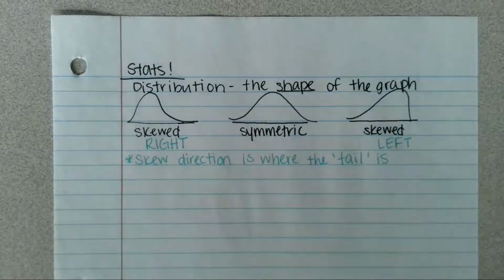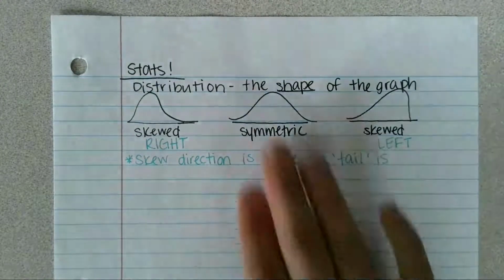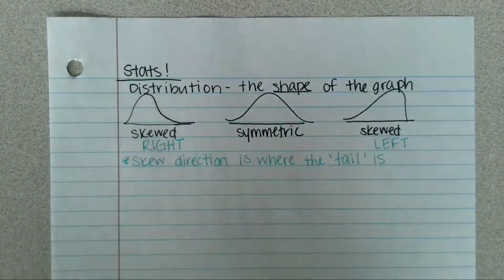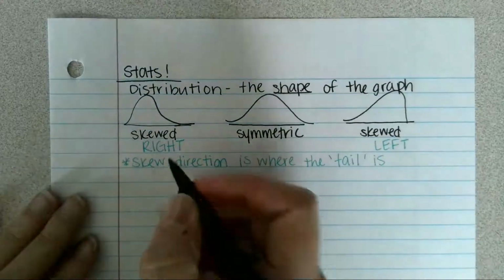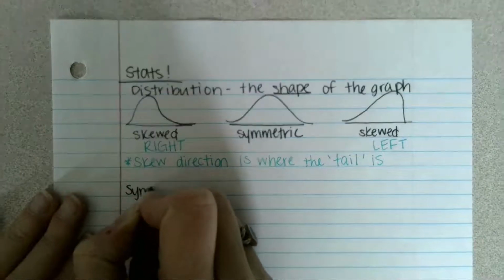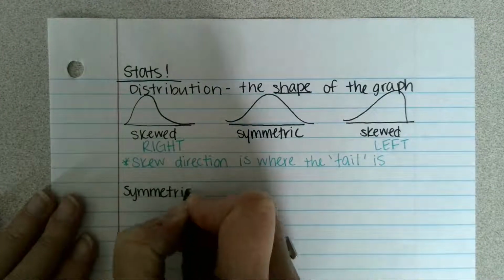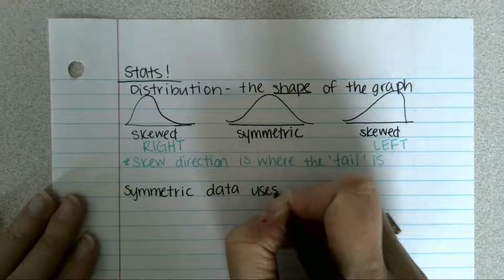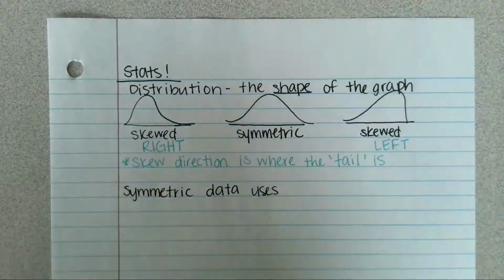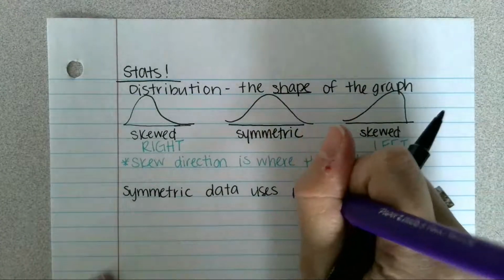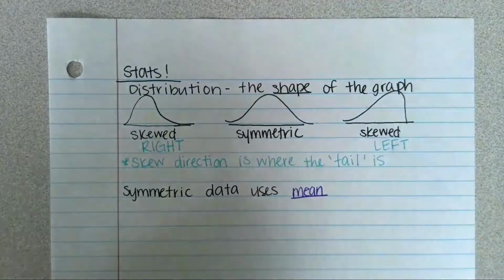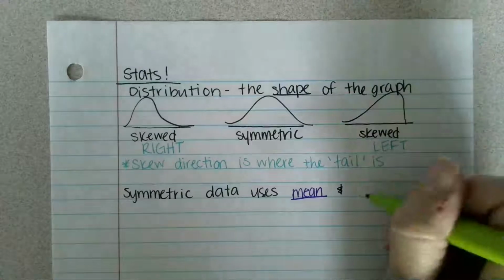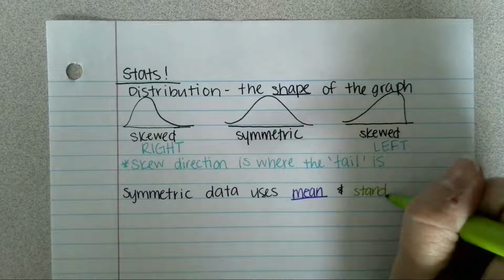Now, when we have symmetric data and when we have skewed data, we want to talk about these two different types of data sets differently. And so for symmetric data, we are always going to use the mean and something else called the standard deviation.